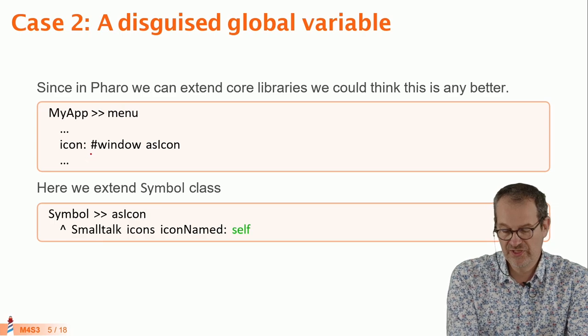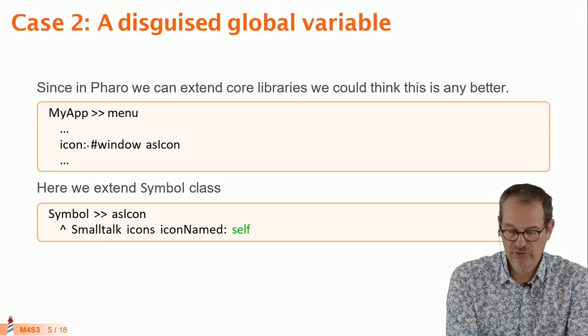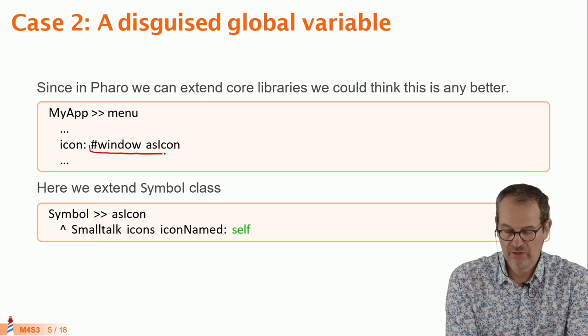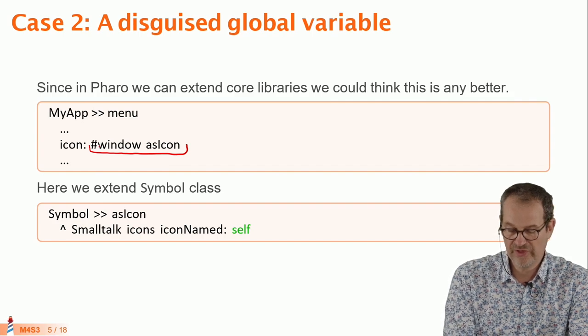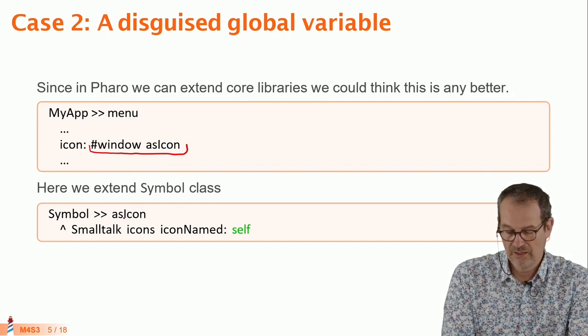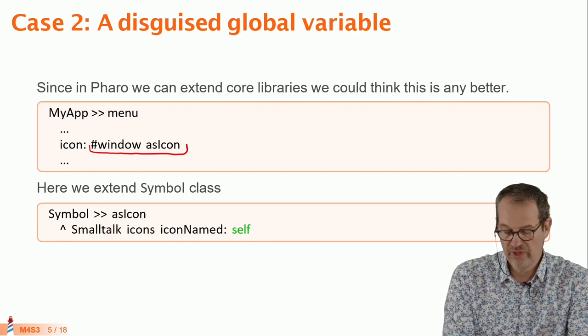In the community, some people propose the following solution. They said, oh, you know, a better way is to do that. So what does it mean? It means that they send the message asIcon to a symbol. In fact, these people propose to extend the class Symbol with a new method that was basically doing the same thing.